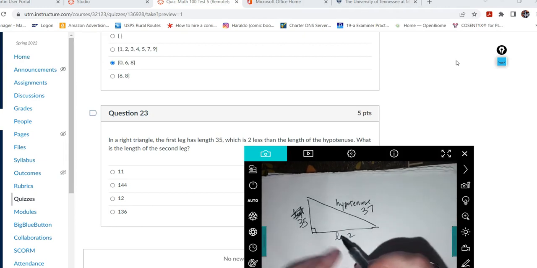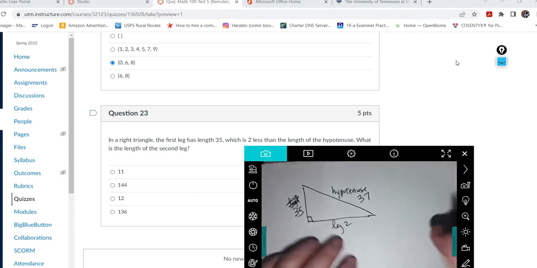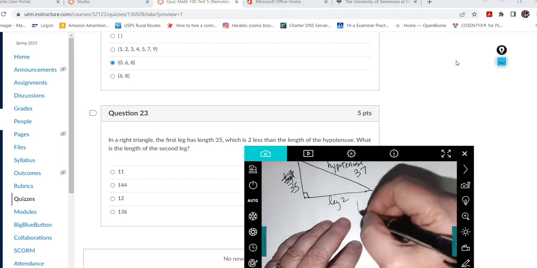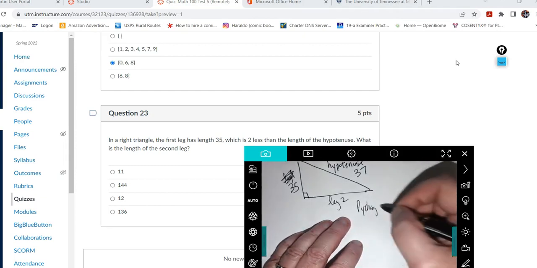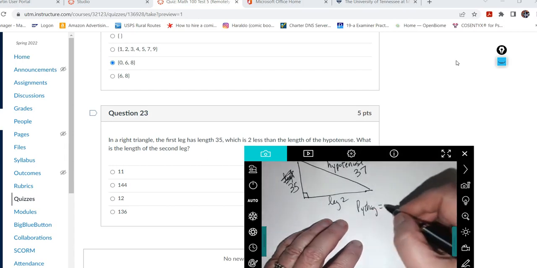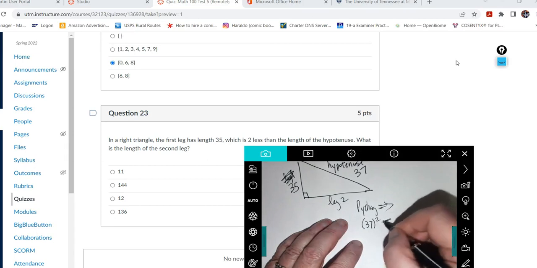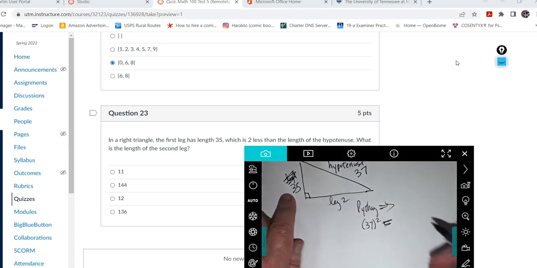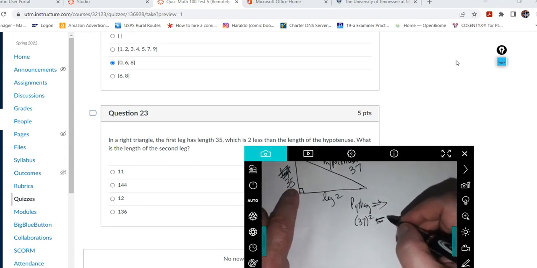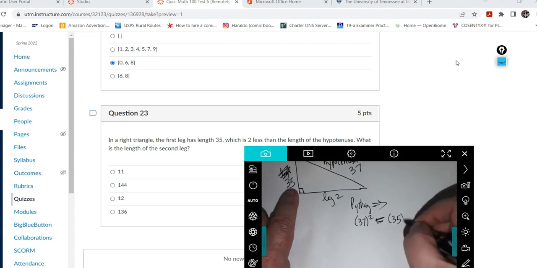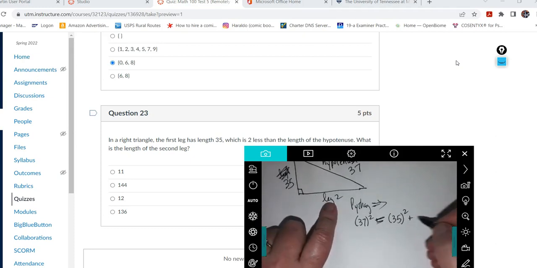And what is the length of the second leg, or the remaining leg? And here's where we use Pythagorean. Pythagorean says that the hypotenuse squared is equal to the sum of the other 2 legs squared. So I'll have this leg squared plus this remaining leg squared.